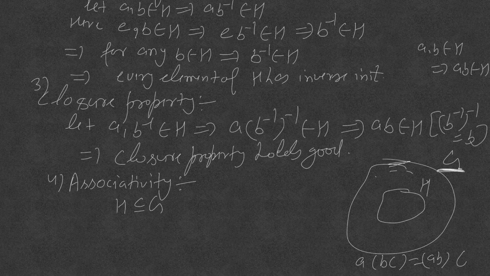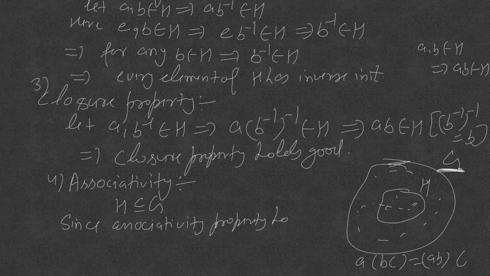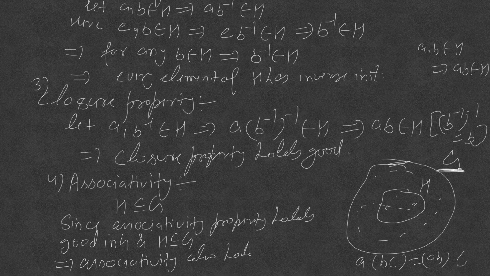So as we know that elements in H are also elements in G, so we can write that since associativity property holds good in G and H is a subset of G, this implies that associativity also holds good in H.